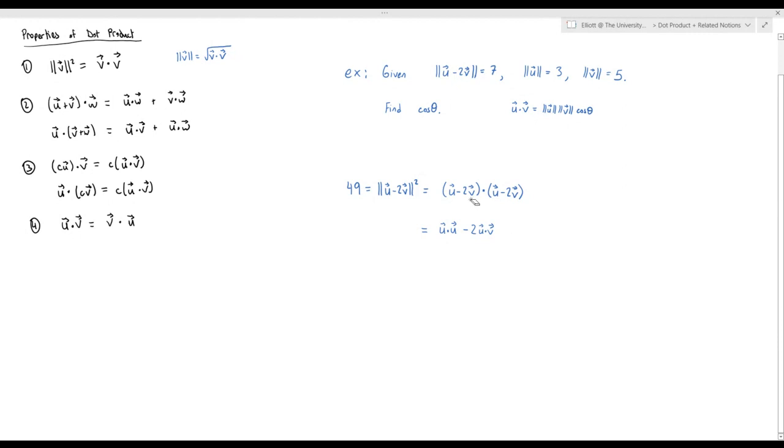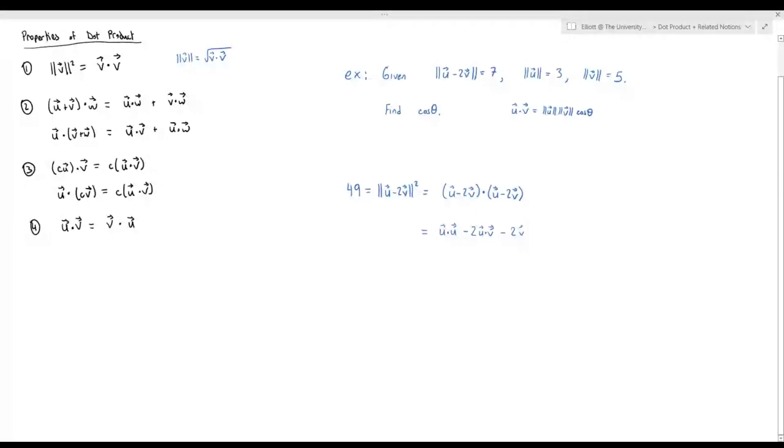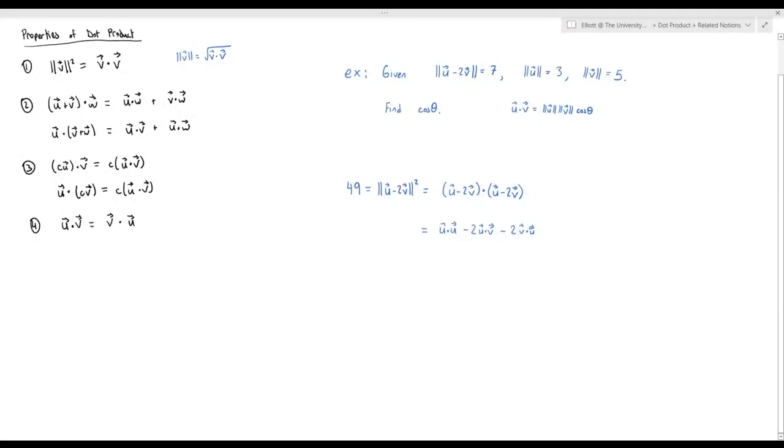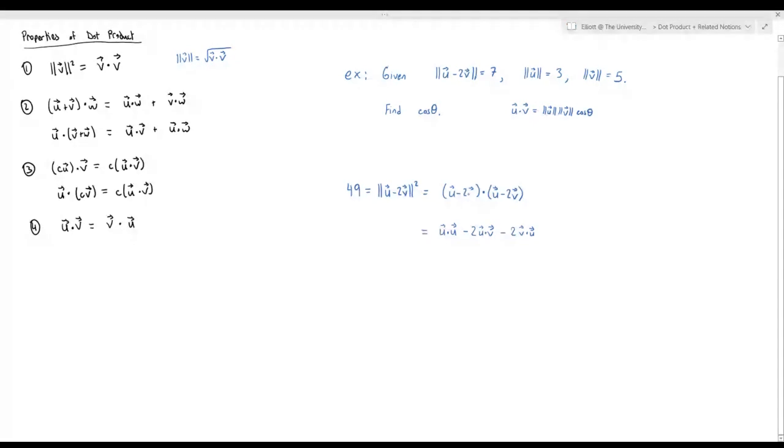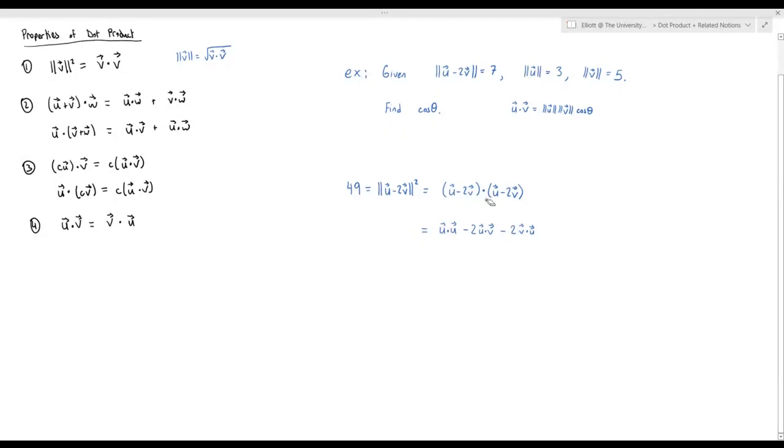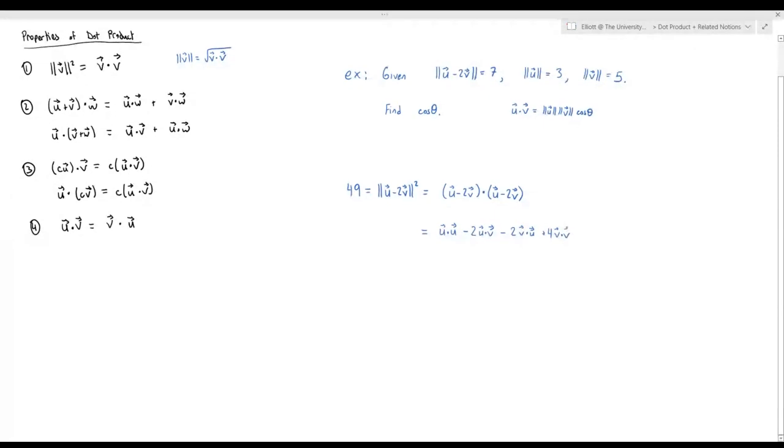Likewise, when we take the minus 2v and distribute it, we get minus 2 v dot u. And then for the last one, minus 2v dot minus 2v, we can make that positive 4, and then v dot v.